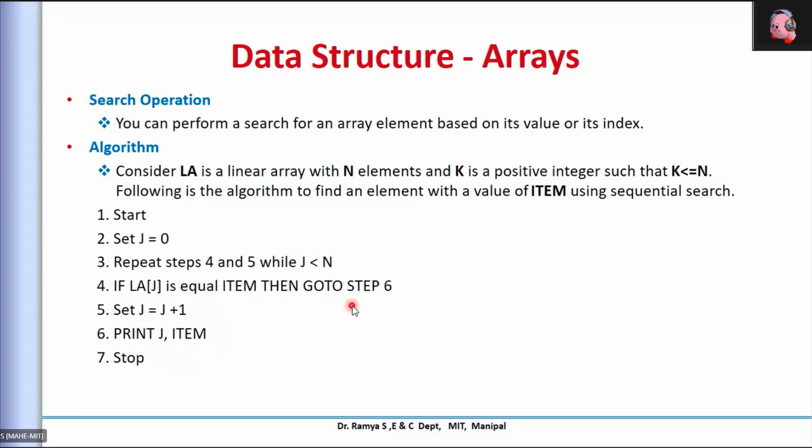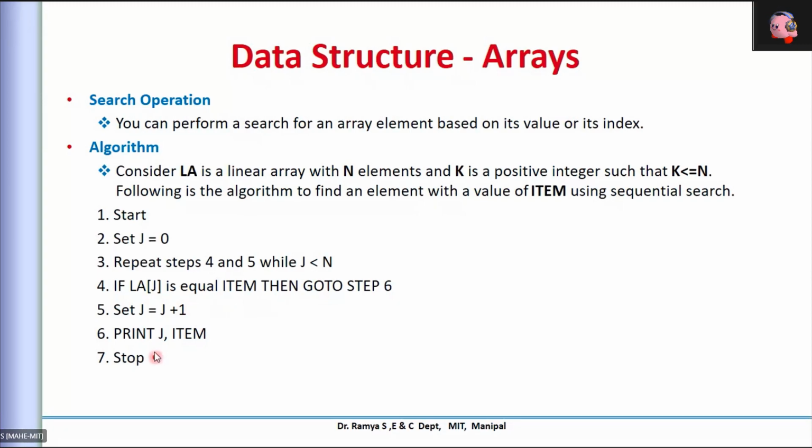Because it is going to execute for all the n elements. So if n is more, say for example 200 elements, this for loop is going to execute that many times. So the time it takes is going to be more. This is what you have to understand in the case of data structures.